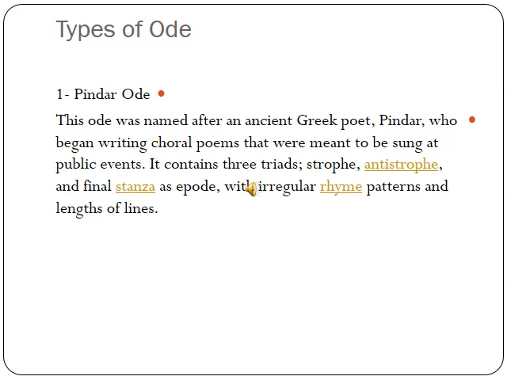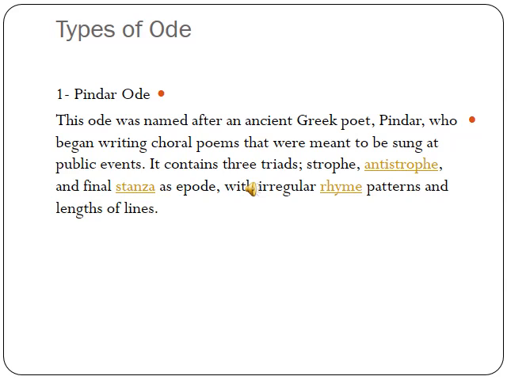This ode was named after an ancient Greek poet, Pindar, who began writing choral poems that were meant to be sung at public events. It contains three parts: strophe, antistrophe, and a final stanza, the epode, with irregular rhyme patterns and irregular numbers of lines.